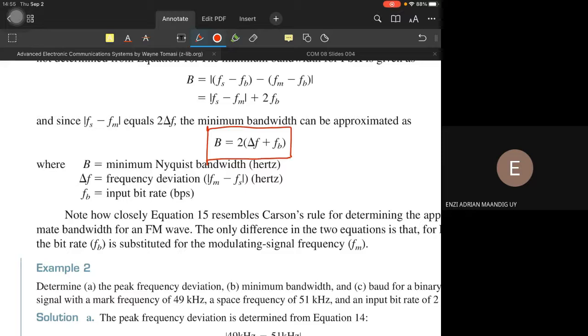So it is not automatically the bit rate or twice the bit rate, unlike ASK. In ASK, the bandwidth is equal to the bit rate. Not here.